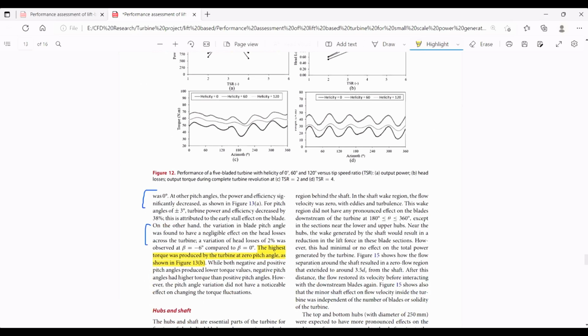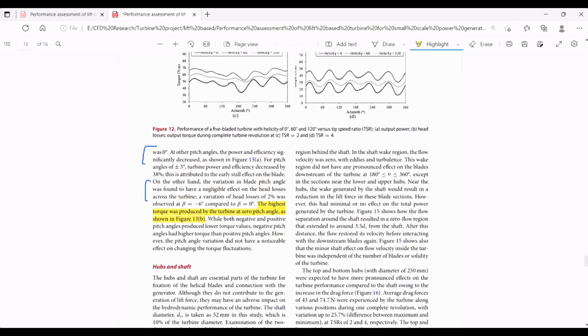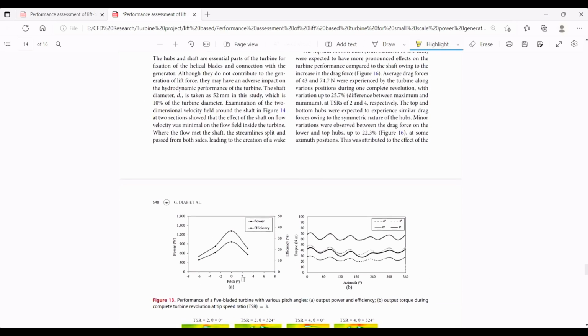At other pitch angles the power and efficiency significantly decreased, and this can be seen in the power versus pitch graphs shown here. Also, the variation in blade pitch angle was found to have an insignificant effect on the head losses across the turbine, and the highest torque was produced by the turbine at zero pitch angle, and we can see this here in the graph between torque and the azimuth angle.